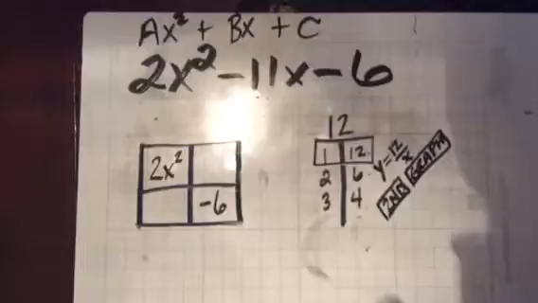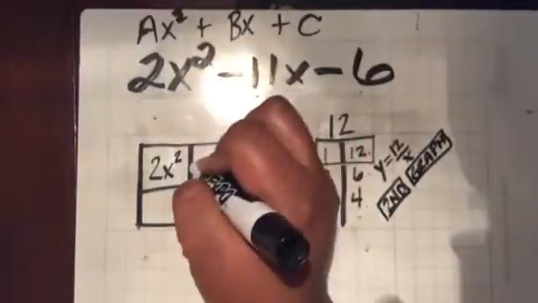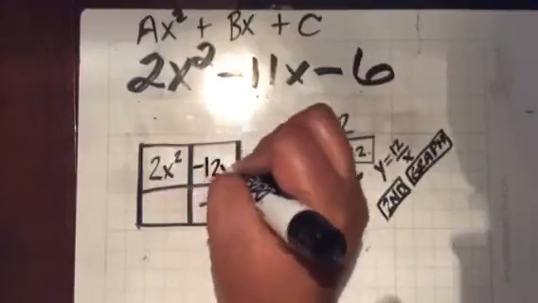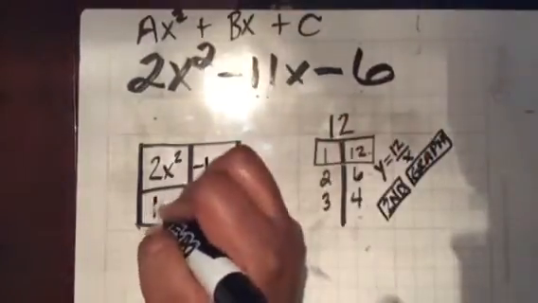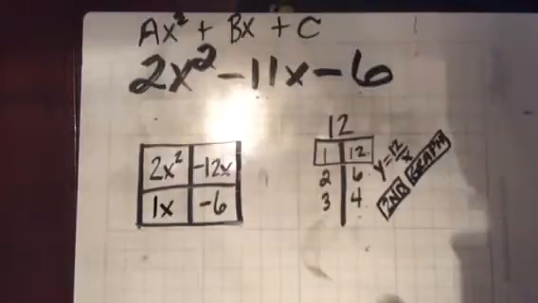And which one needs to be negative in order to make a negative 11? Well, the 12 has to be negative because it's the bigger number. So we're going to put a 12x there and the 1x there.